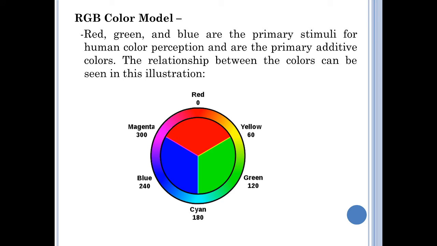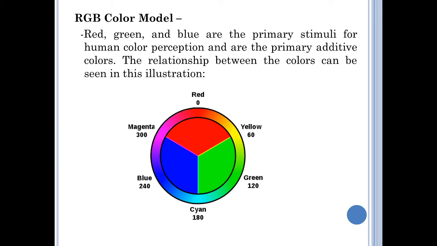Important to show any type of image on the screen, another important part is color. Which color combinations you are using on the screen to represent your image is again very important. Graphics use the RGB color model to show any type of color on the screen. Red, green, and blue are the primary stimuli for human color perception and are the primary additive colors.